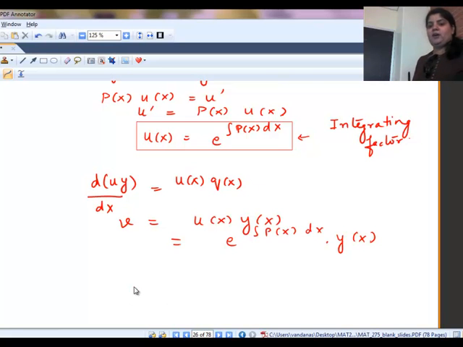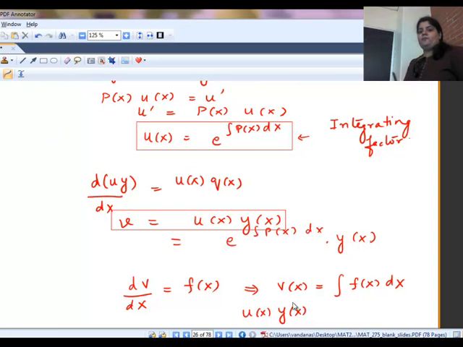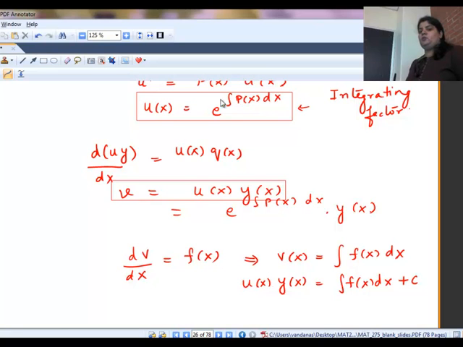Okay. So for example, if you have this problem, how will you solve this problem? dv over dx equals f(x). v(x) is equal to integral f(x) dx, right? So then this means u(x) times y(x), because v is nothing but this, is equal to integral f(x) dx plus a constant of integration, and therefore u(x) you already know is this, you have y(x).